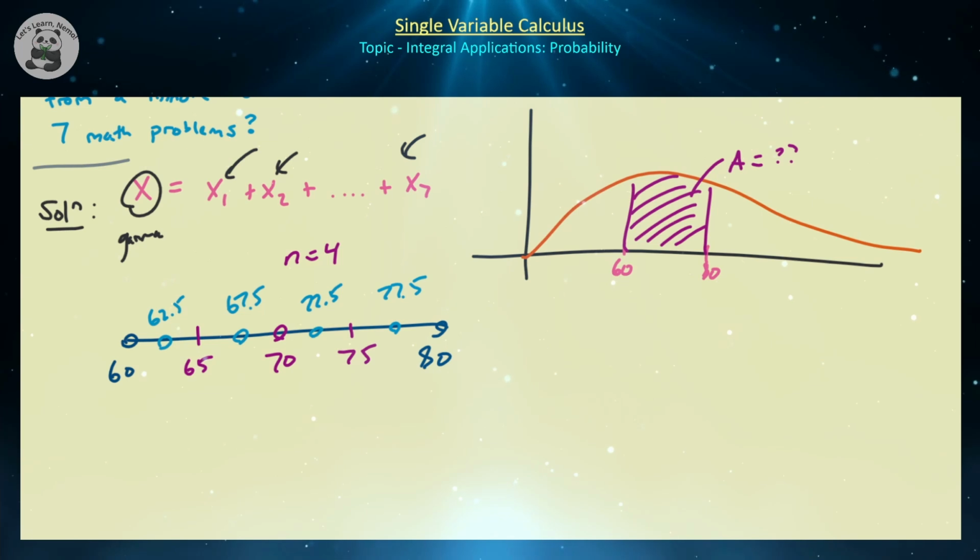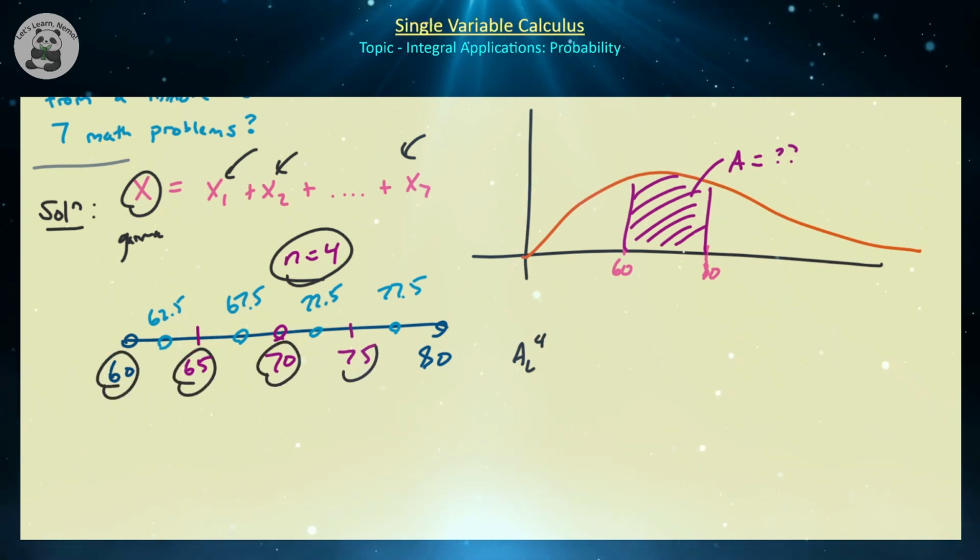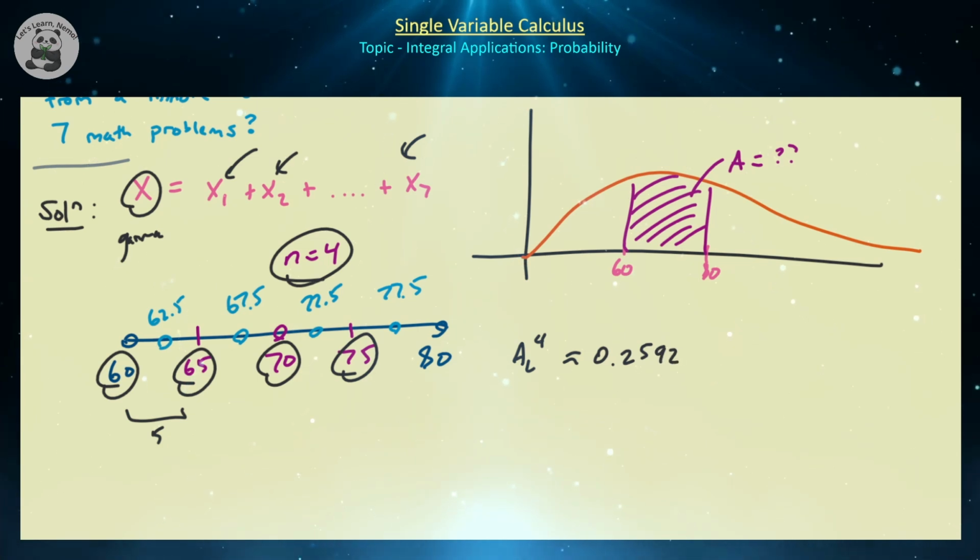So if you just use left endpoint rectangles and right endpoint rectangles, 4 is definitely not going to give you a pretty accurate answer. If we calculate the left endpoint rectangles, based on 60, 65, 70, and 75 with equal spacing of size 5, you can find this approximation is approximately equal to 0.2592.